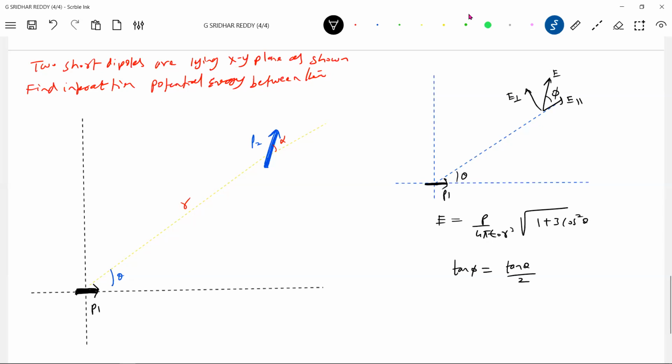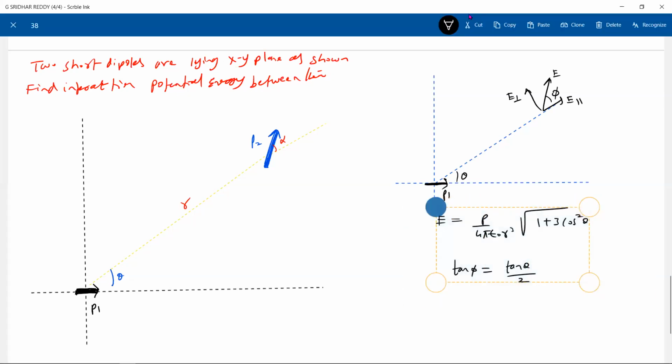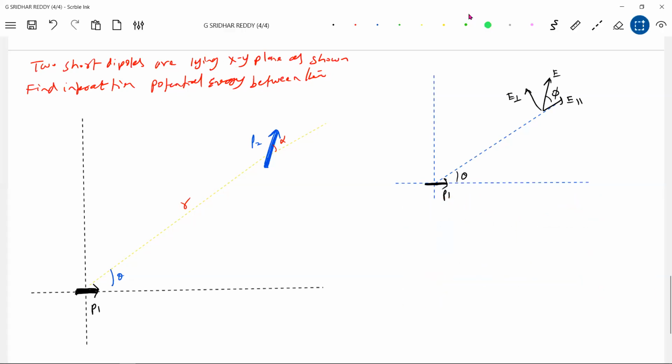I know the dipole moment P2 is making some angle, but we wanted some sort of vector. So this is fine to some extent, but it may not help us, because we wanted the interaction potential. Though we know these formulas, they may not help us. I'll remove this E bar also and bring the dipole here.